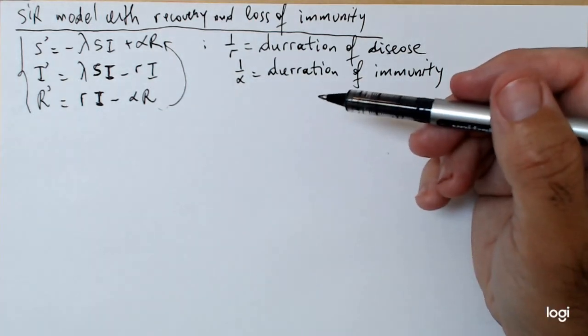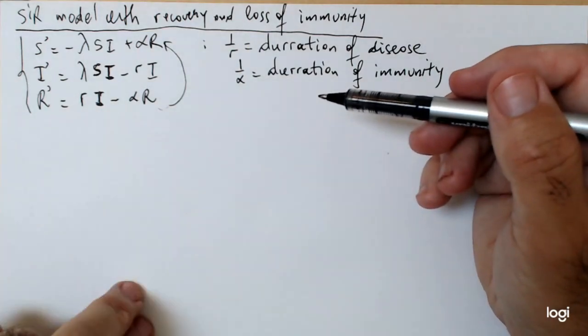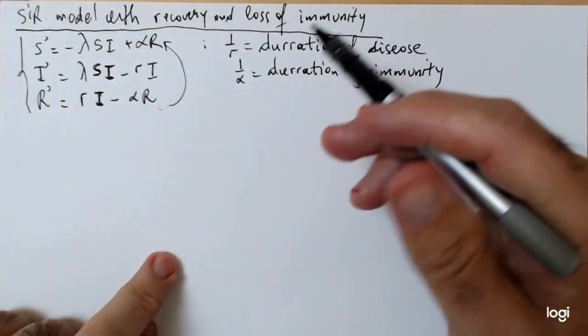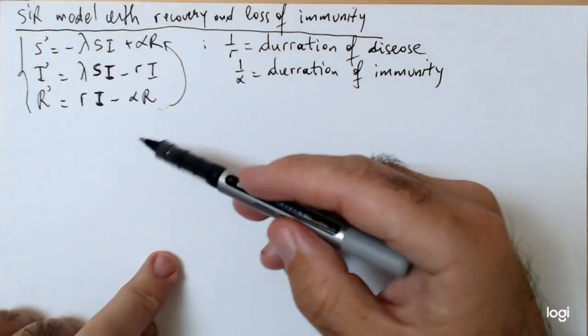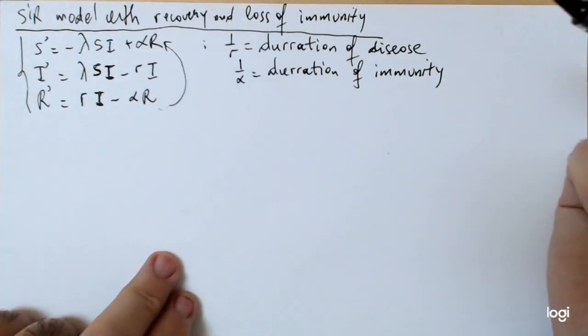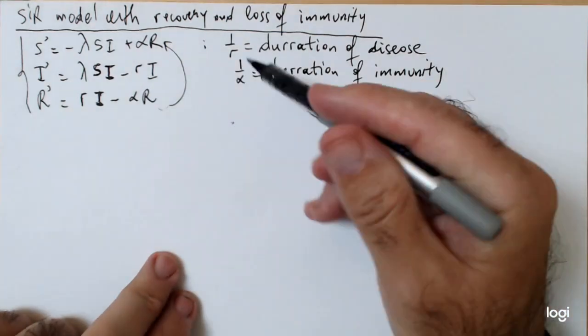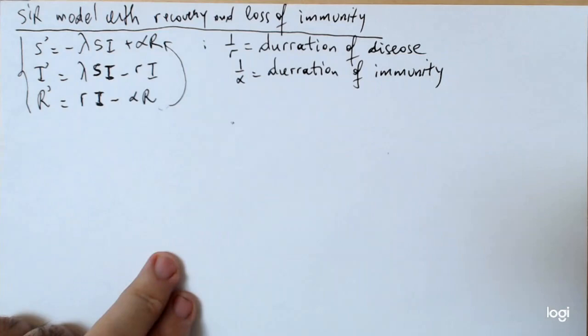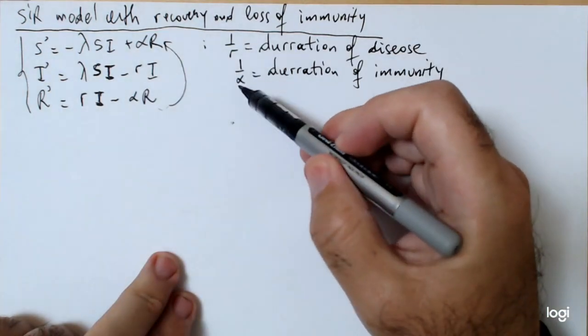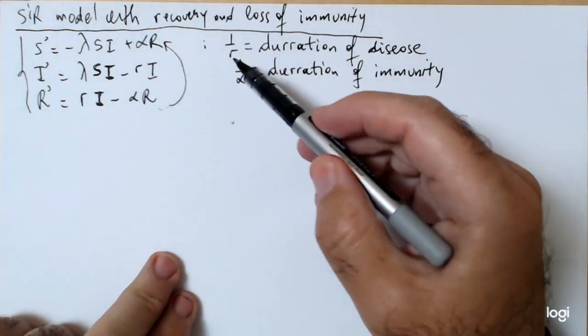So for example, you have a disease like the common cold, which let's say provides just a limited amount of immunity, and then you lose that immunity at a certain rate. Remember the meaning of the reciprocal of the removal rate, because if you actually use real life data, that's what you should keep in mind.